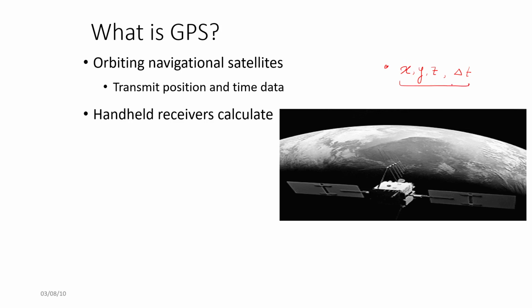So there are four unknowns. For four unknowns, we need four equations, which is something we know from equation theory. This means that we need data from four satellites at minimum. If we have data from more than four satellites, that is fine, and in that case the estimates will become more accurate.